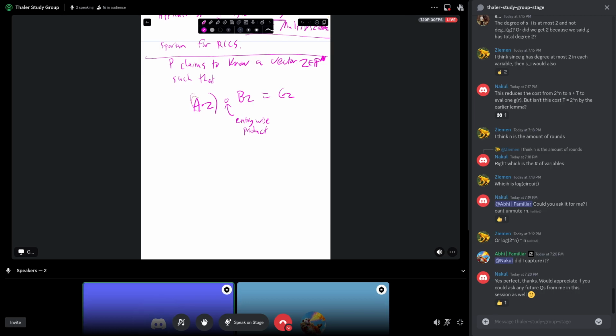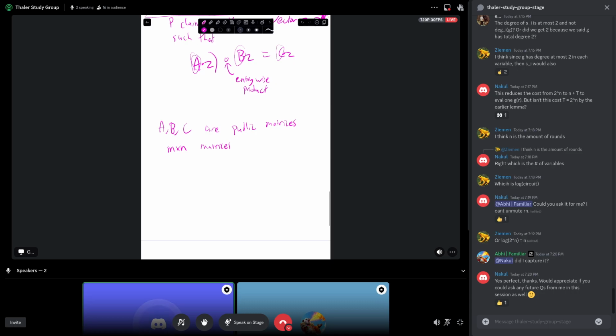And so what these A, B, and C are, these are three public matrices. So the verifier somehow knows these matrices. And let's say they're M by N matrices. Each row of the matrices represents a constraint.